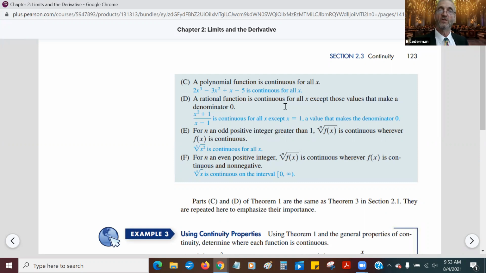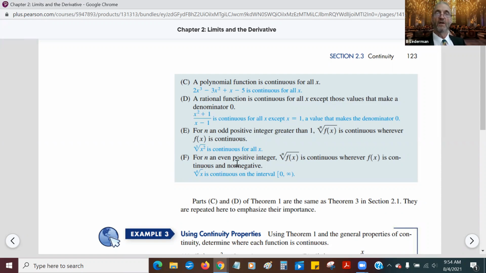A rational function is going to be continuous for all x except for the values that make the denominator 0, because those are the problem points. Other than that, it'll be perfectly defined everywhere. If I have a root function, that's going to be continuous as long as the inner function f of x is continuous.